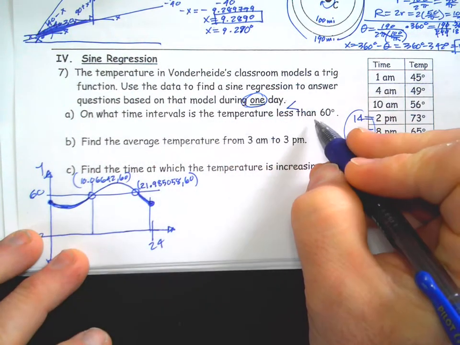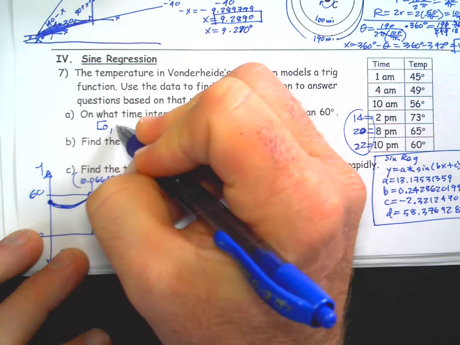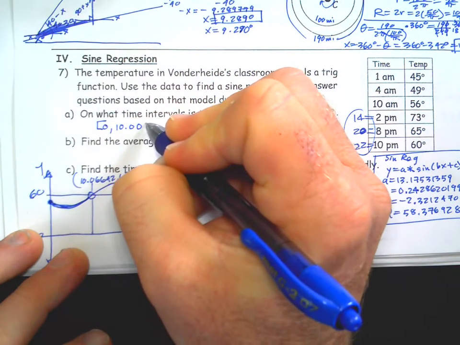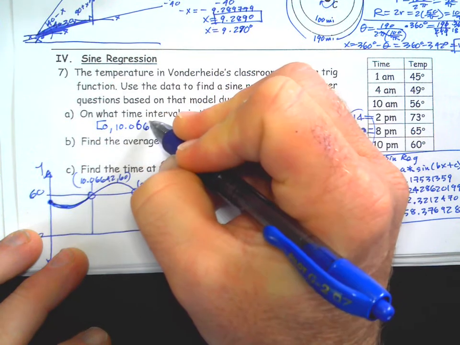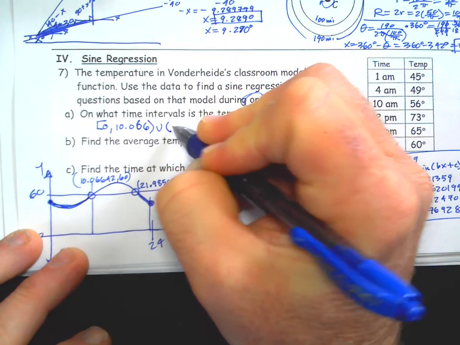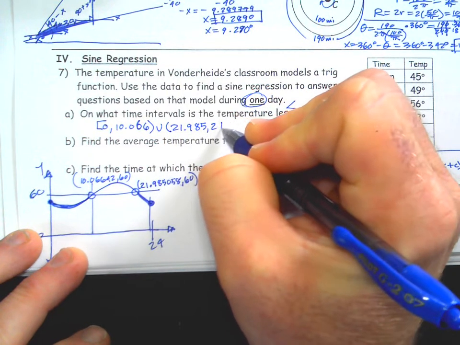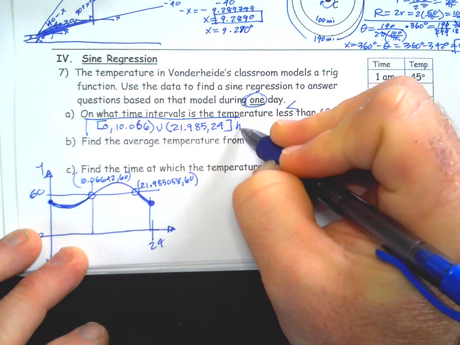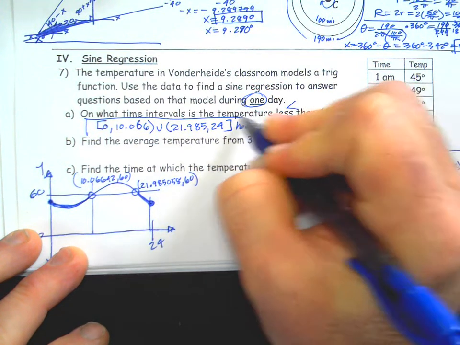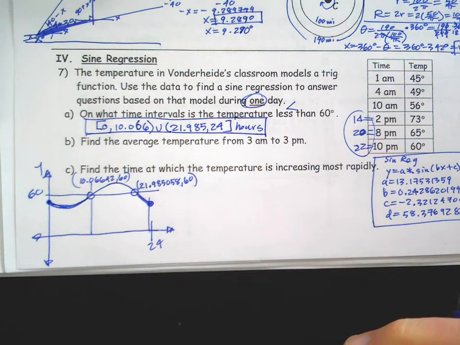Temperature is less than 60 on the intervals bracket 0 to 10.066, parenthesis, union, parenthesis 21.985, comma, 24, bracket. Round the same. What are the units? Hours. I need units. I will take off points for every answer you don't put units on these problems.